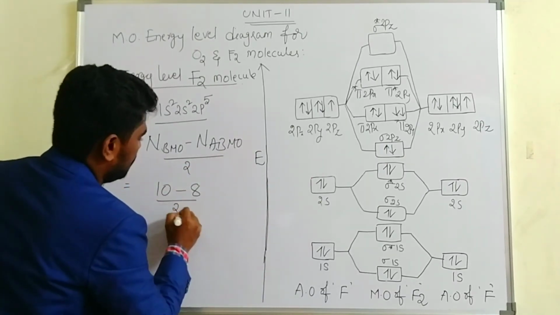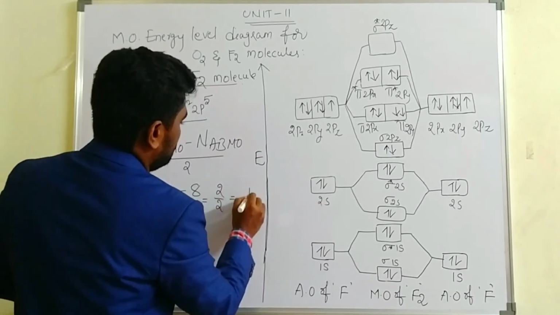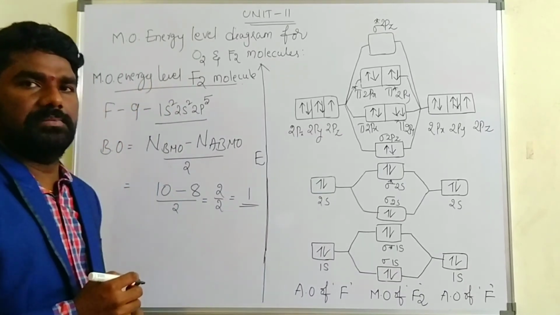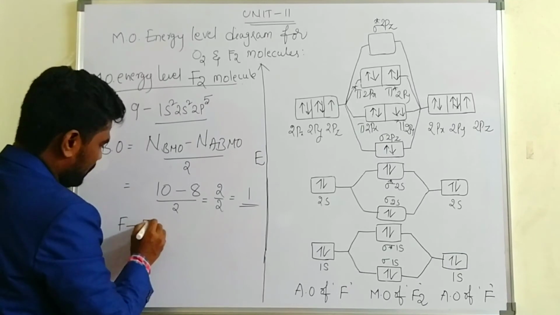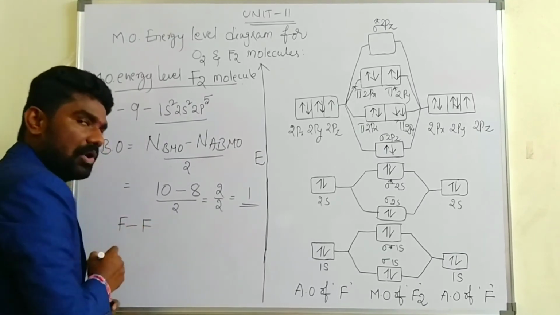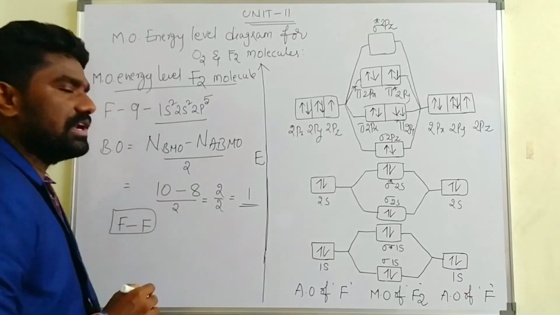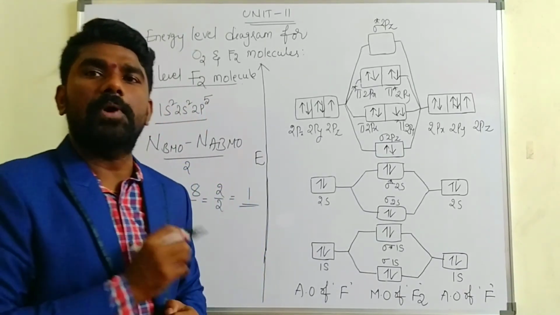Divided by 2, 2 by 2 is equal to 1. This is the bond order for the fluorine molecule. So that's why fluorine can bind with another fluorine atom with a single bond. Two fluorine atoms can bind with a single bond, that is the bond order.